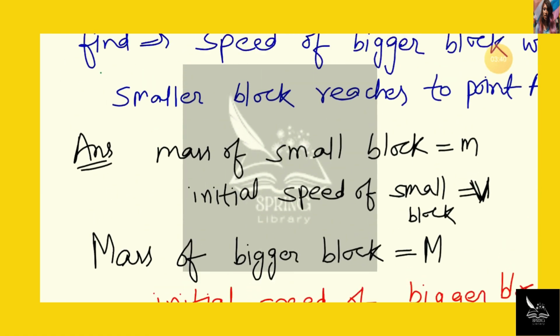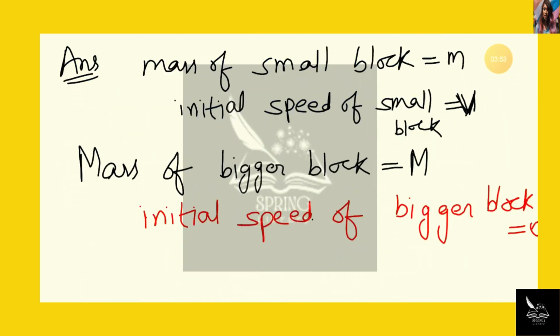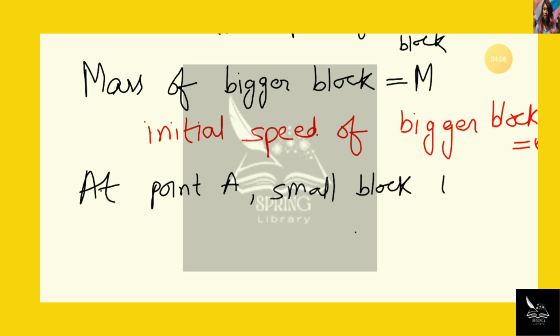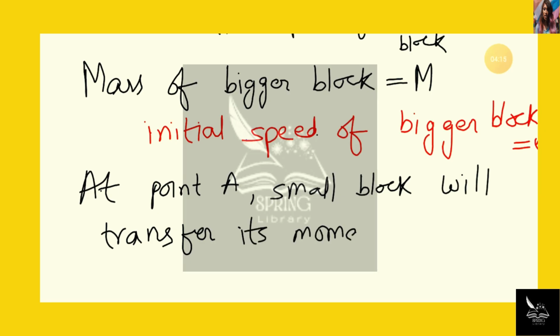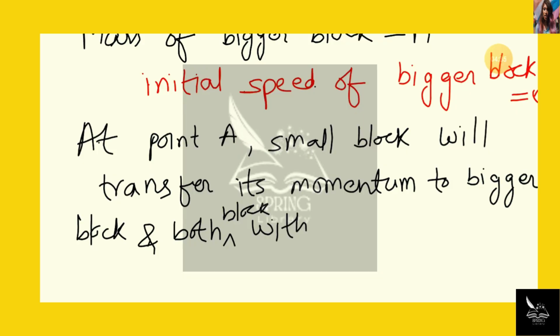Now the next step: the small block is moving with speed v in this direction and reaching point A. What happens after reaching point A is that the small block will transfer its momentum to the bigger block, and both blocks will move with the same velocity.